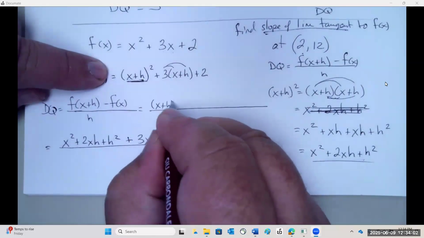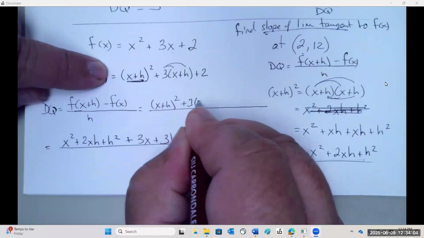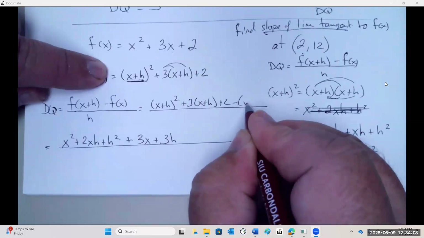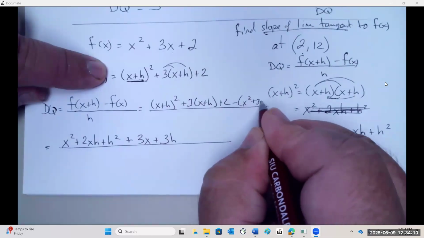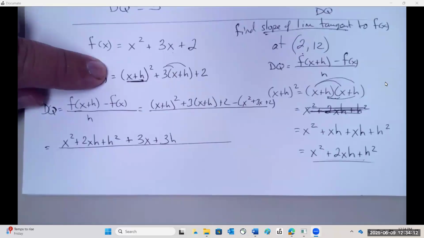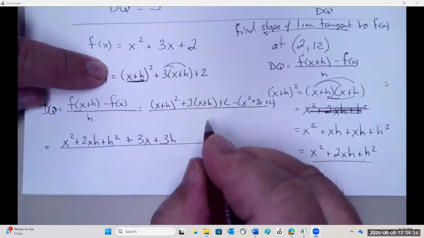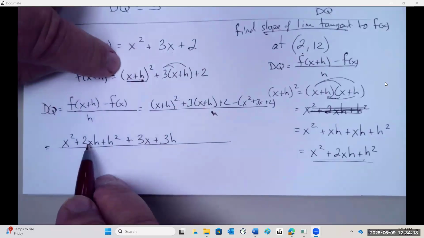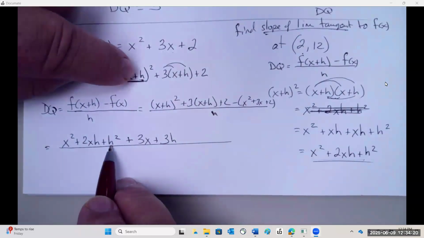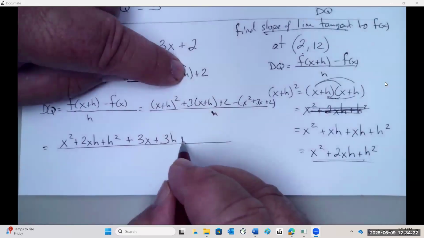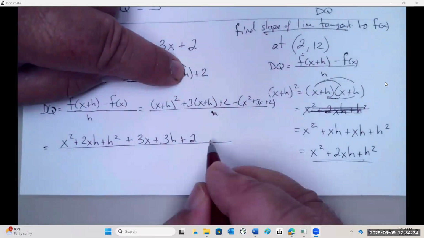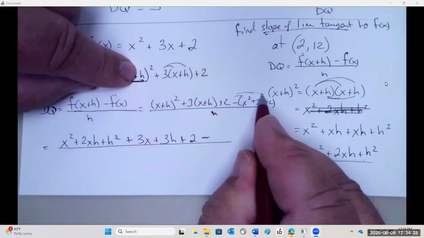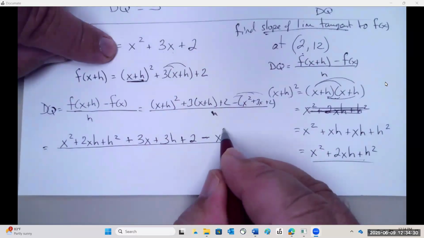This is going to be x plus h squared minus x squared plus 3x plus 2. So we got rid of the first part, x plus h squared, that big one, 3x plus 3h plus 2, minus, now I distribute, so I put a negative in front of each of these.